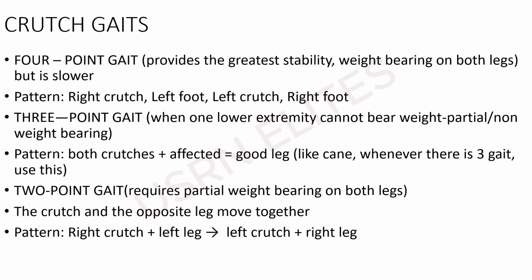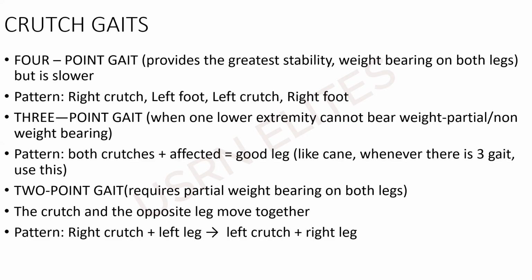Can you do that? So the crutches there, always they should be on the floor. So if 2 crutches are on the floor, it means that one leg will be moving and the other leg will be hanging. I hope you understand.